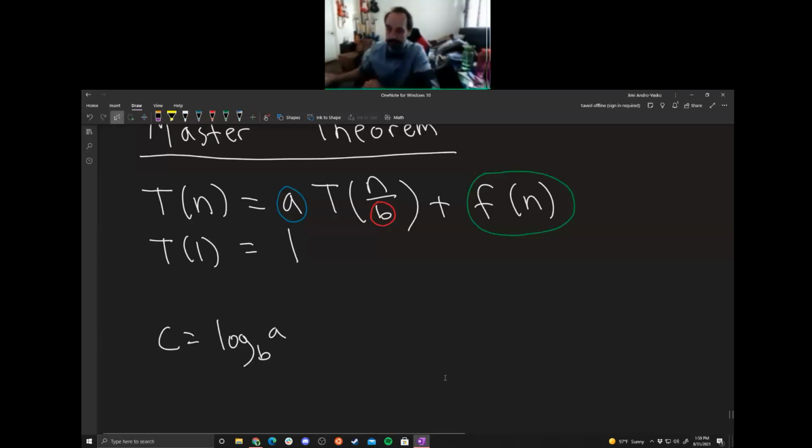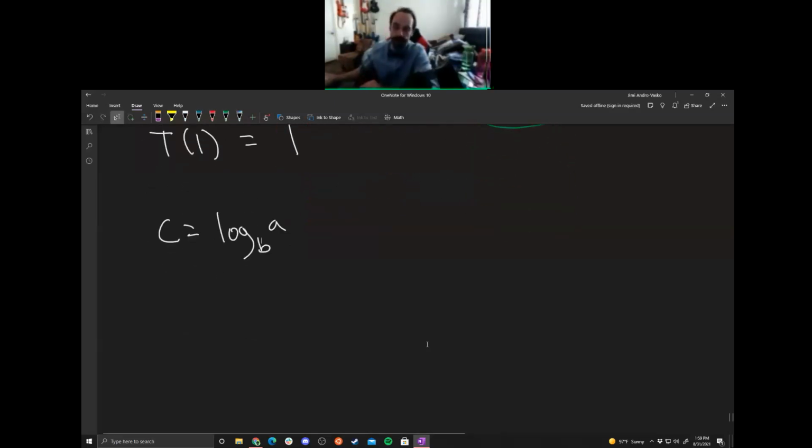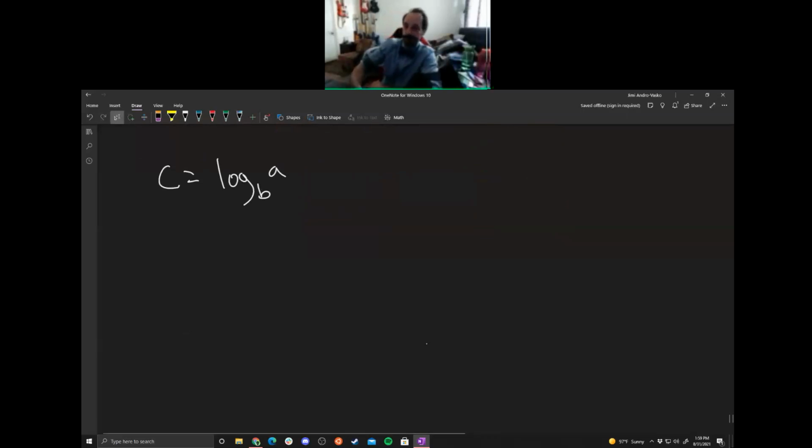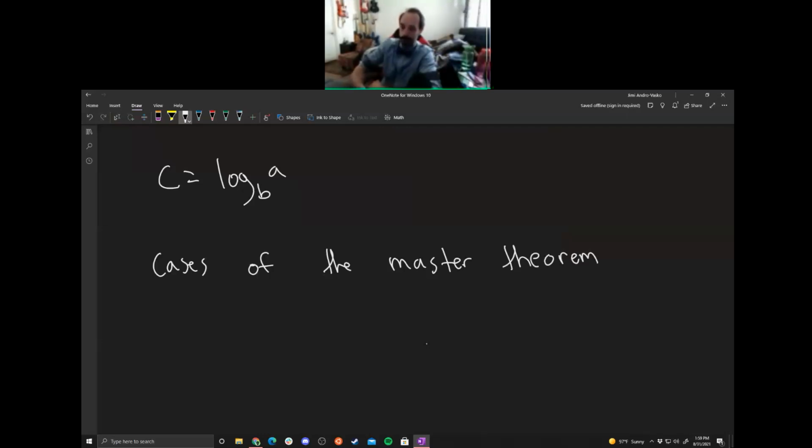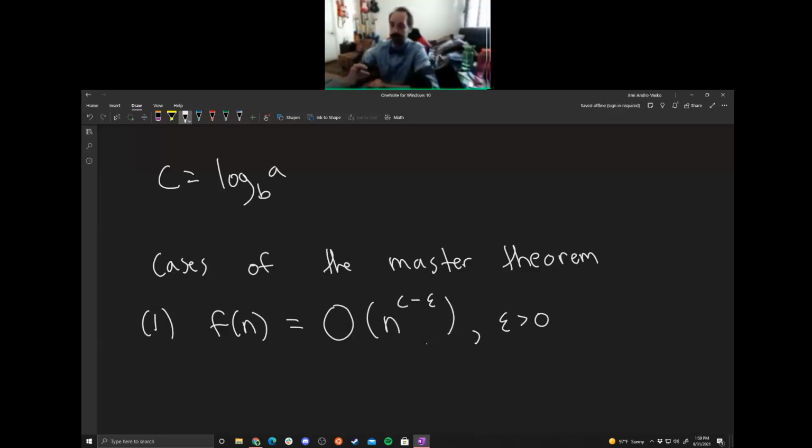So I'm going to go ahead and actually just write this. I'm going to zoom out once I'm done so you can see the entire thing. But there are three cases. So, cases of the Master Theorem. Case 1. If f of n equals O of n to the power c minus epsilon, where epsilon will be some very small constant, but bigger than 0, probably less than 1, some small constant that's larger than 0.